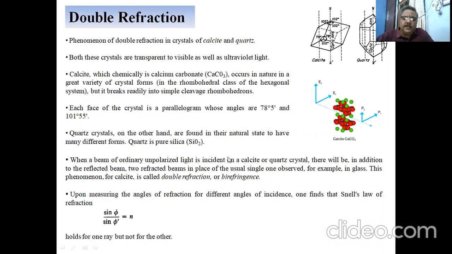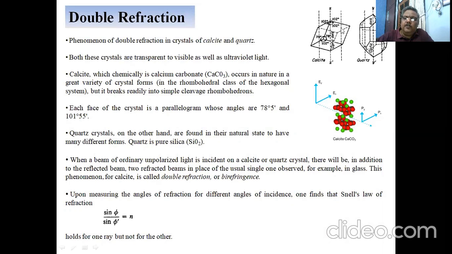You can observe this if you put a dot on a piece of paper and put the crystal just above the dot and observe from the upper side. You will see two images of the dot. If you move your head, you will see that one of the images is stationary, while the other image moves.